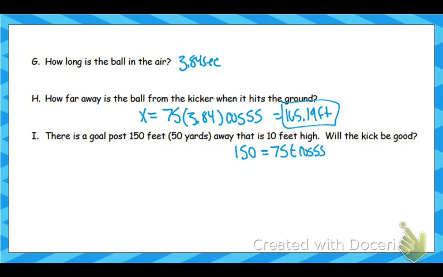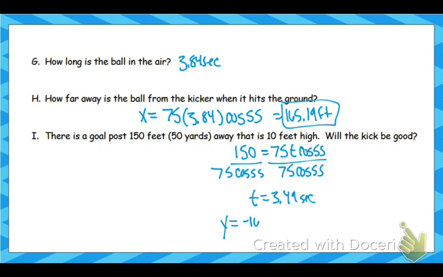To find t, I'm going to divide by what's with it. So 150 divided by 75 times the cosine of 55 gives me 3.49 seconds. Now I want to know the height after 3.49 seconds.